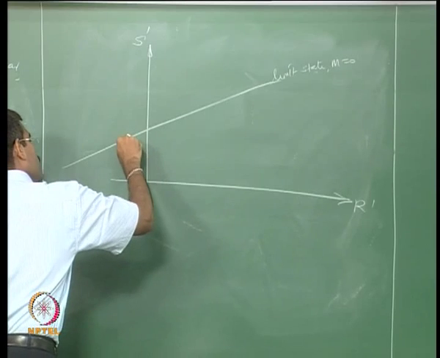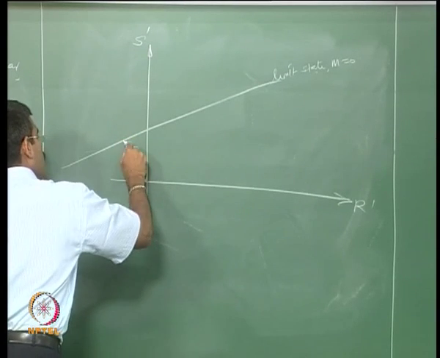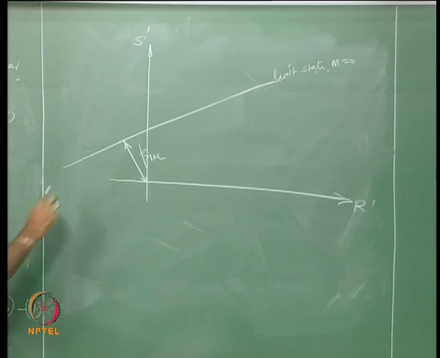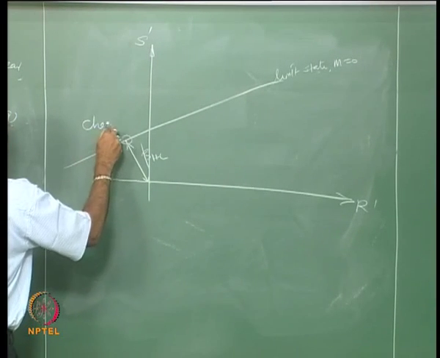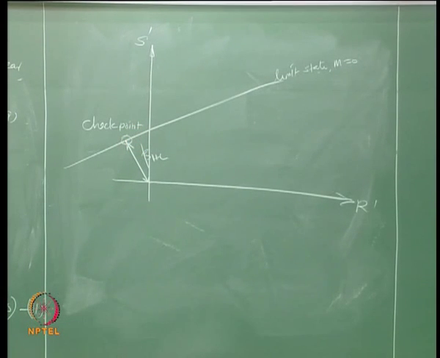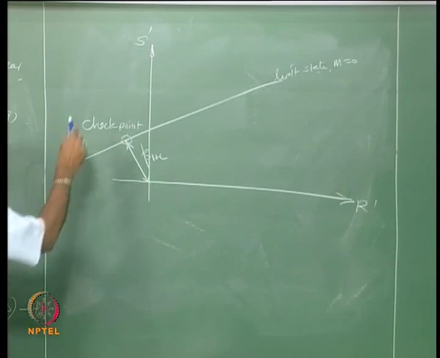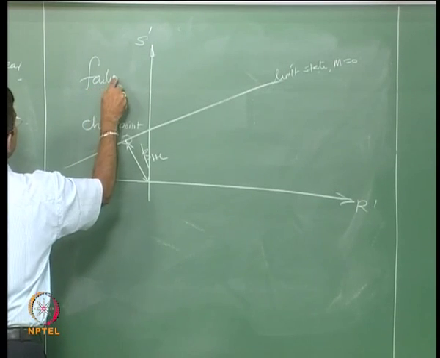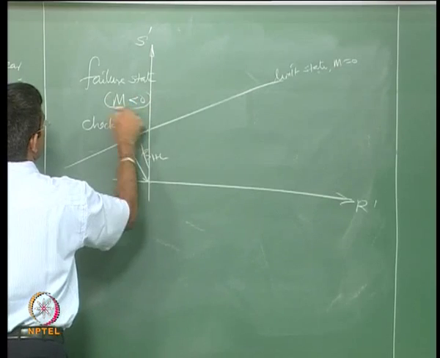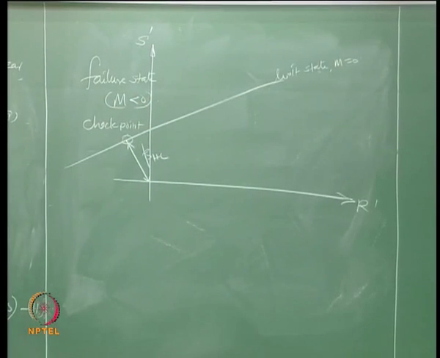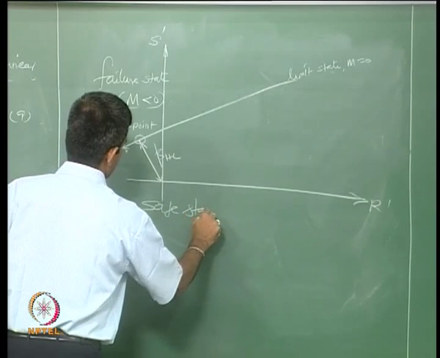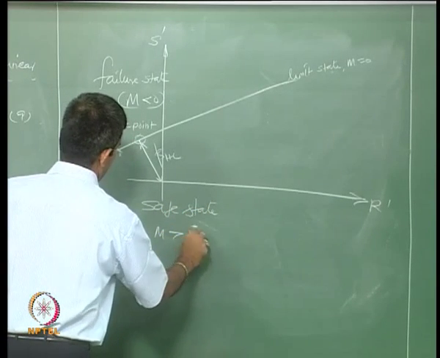And this is my beta HL, and this becomes my checkpoint, and this is my failure state where m is less than 0, and this is my safe state where m is greater than 0.